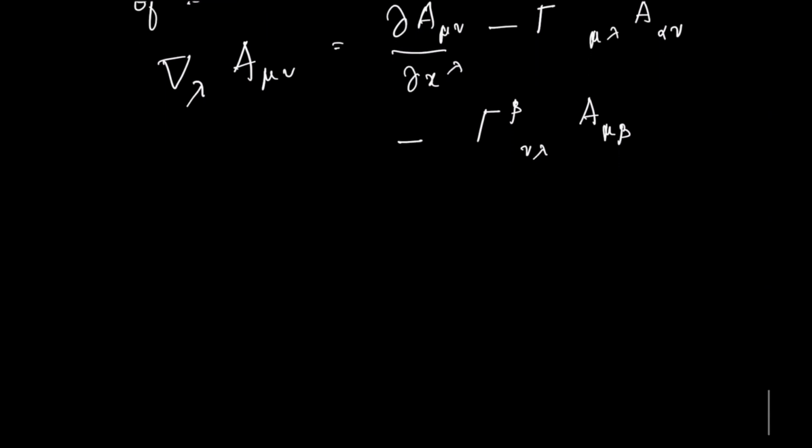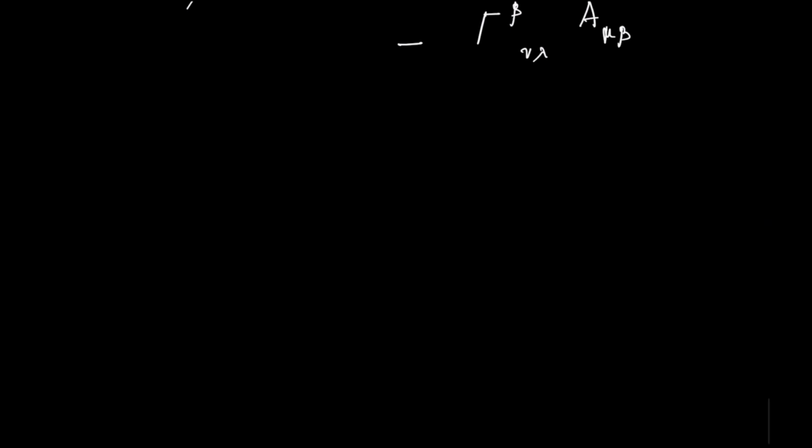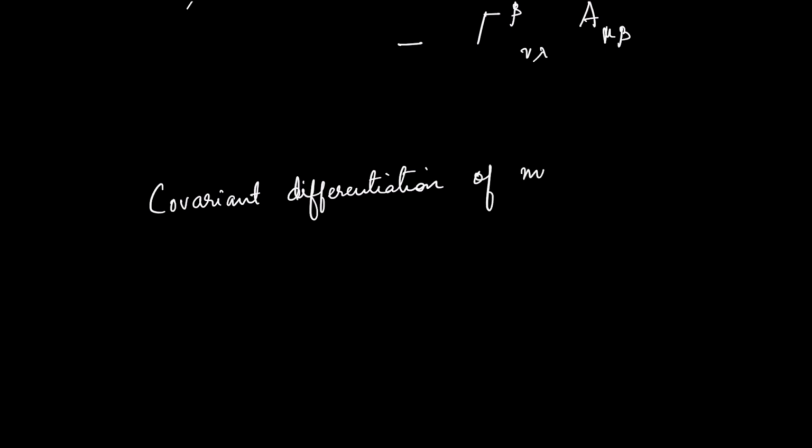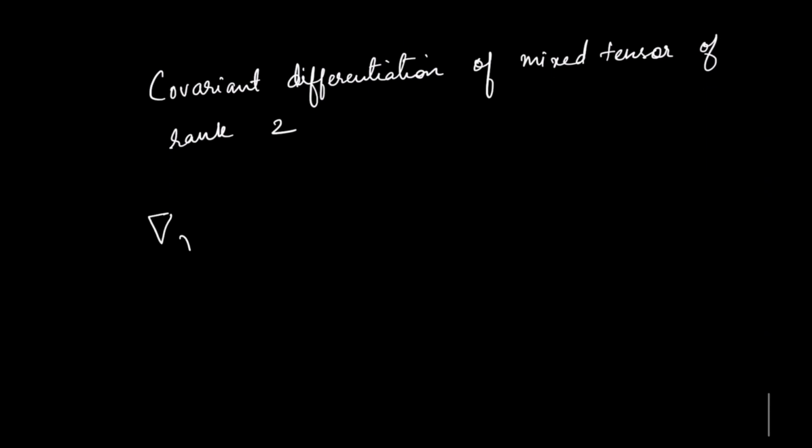Now, I can write the expression for covariant differentiation of a mixed tensor of rank 2. This is the covariant differentiation. Now I have to write a mixed tensor of rank 2.